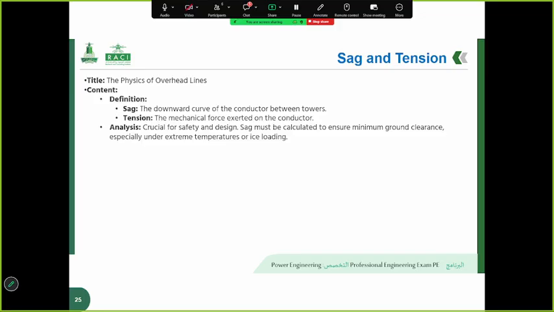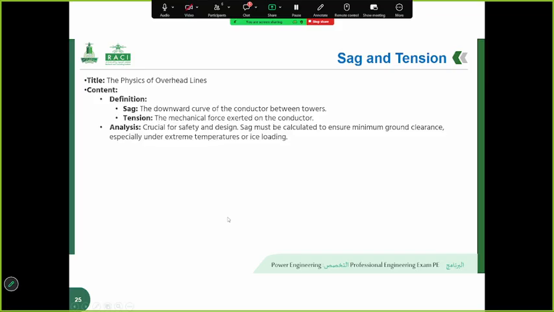The analysis of sag and tension is a crucial part of the design process. Engineers must calculate and select the appropriate sag to ensure safety, structural integrity, and optimal span length. Understanding sag and tension is a primary responsibility for power system engineers to guarantee the reliability and safety of the electrical infrastructure.